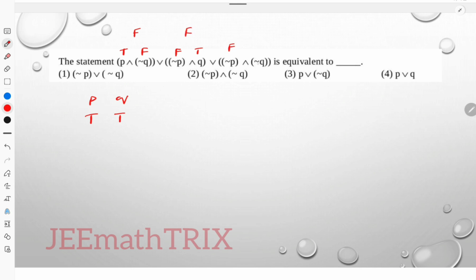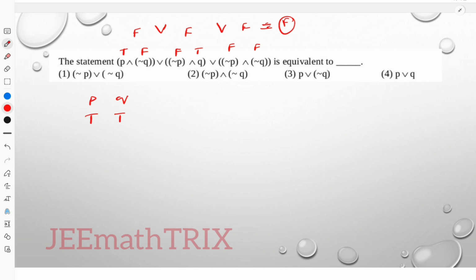Negation of P is false and this is false, so the intersection is false. And the union, the or of all this, will also be false. So whenever we have taken P and Q true, we got the final result as false. So in any of the options, if true comes, that can be eliminated.